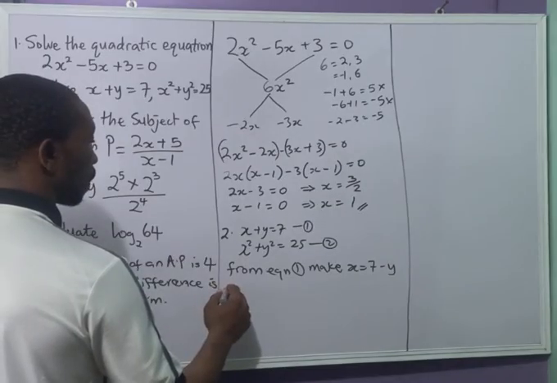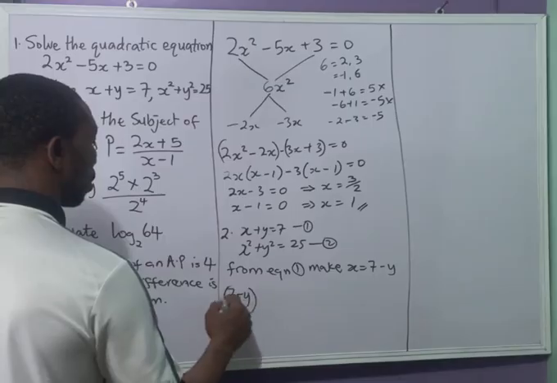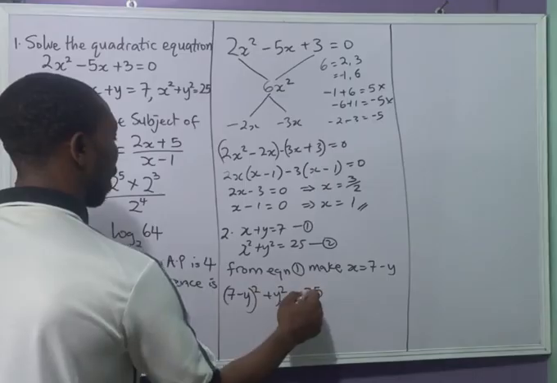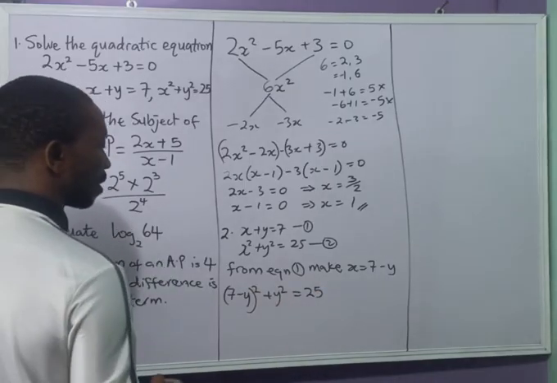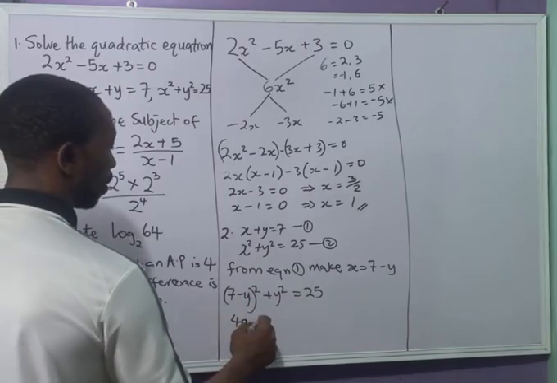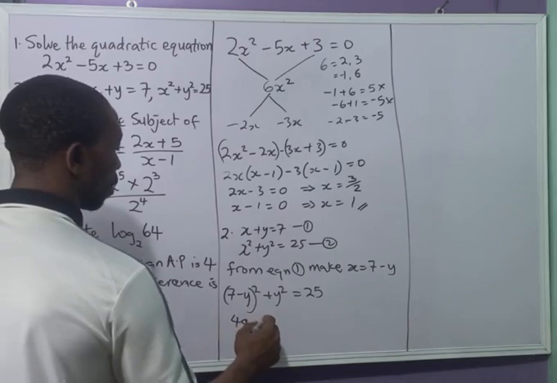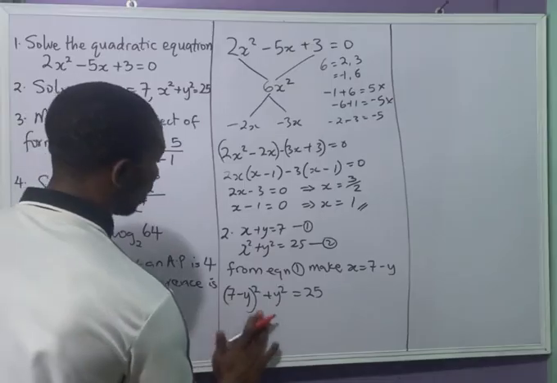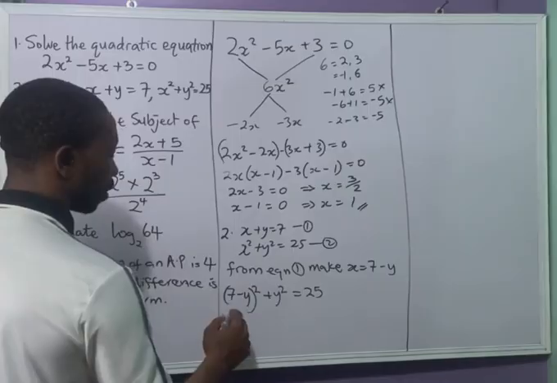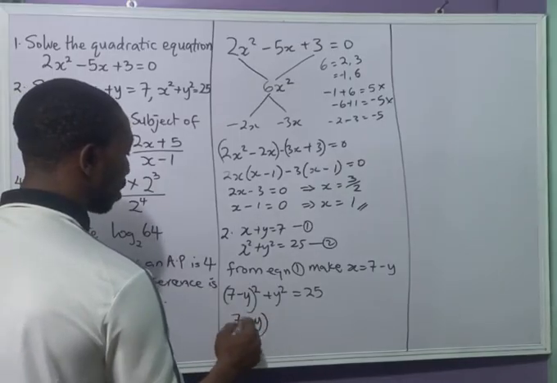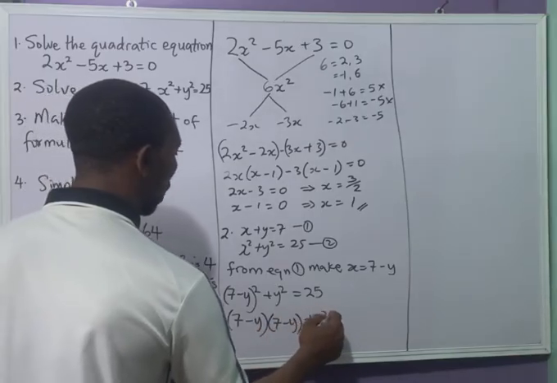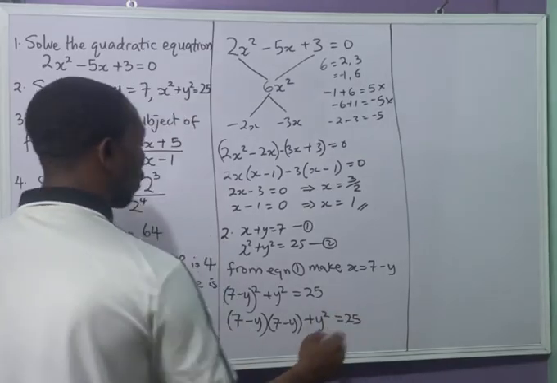That gives us 7 minus y all squared plus y squared equals 25. So opening this bracket, 7 minus y squared will give us 7 minus y times 7 minus y, plus y squared equals 25.